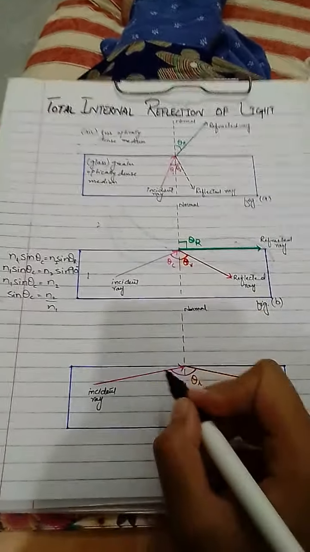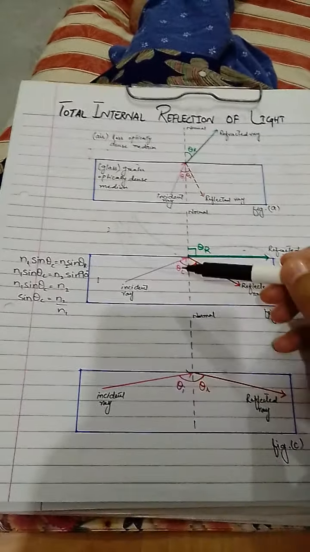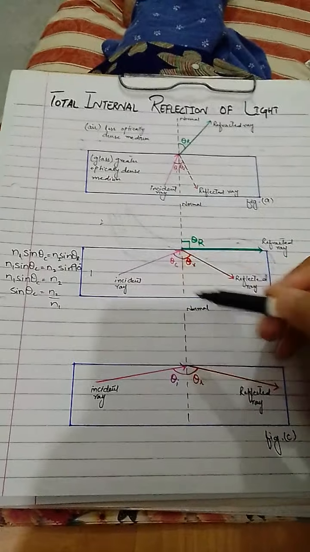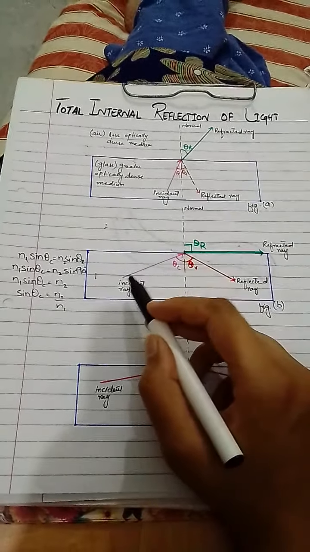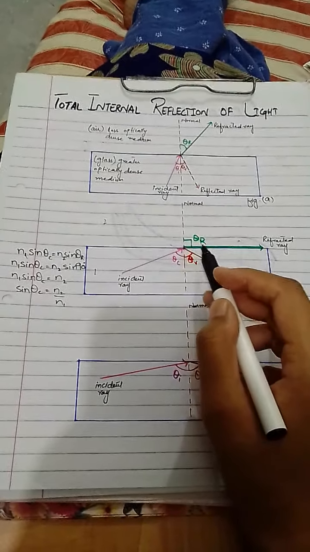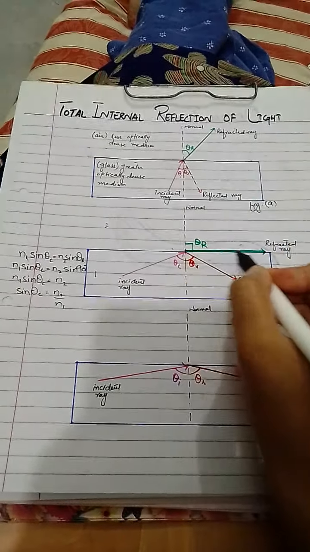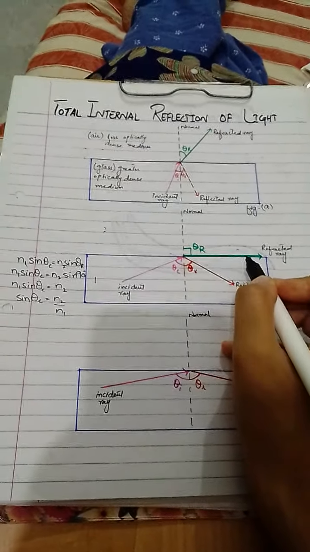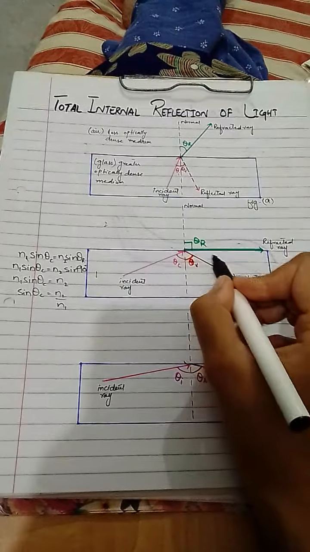If the angle of incidence increases or becomes greater than the critical angle, what happens? Okay, we know that increasing the angle of incidence increases the refracted angle. But when it reaches 90 degrees, when this refracted ray is on the surface of these two mediums, how much can it be increased next?